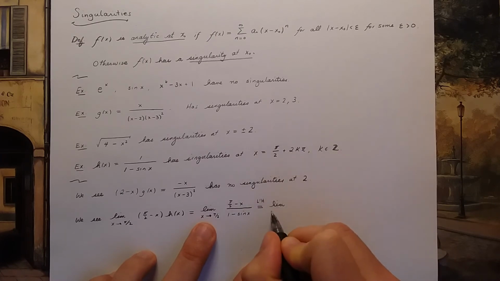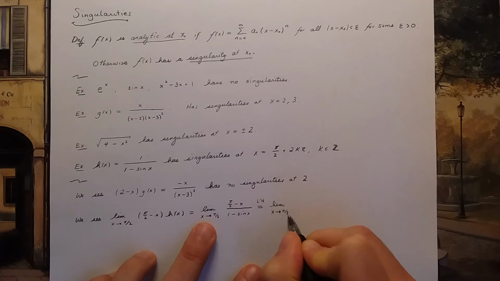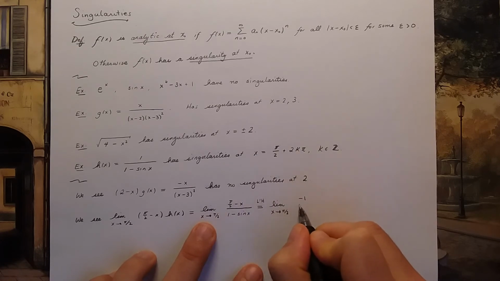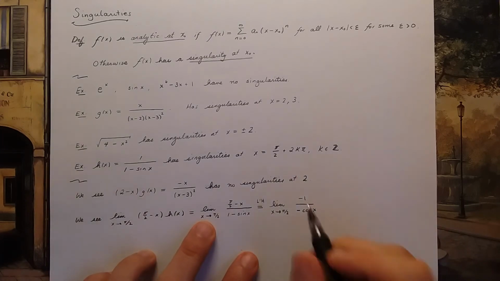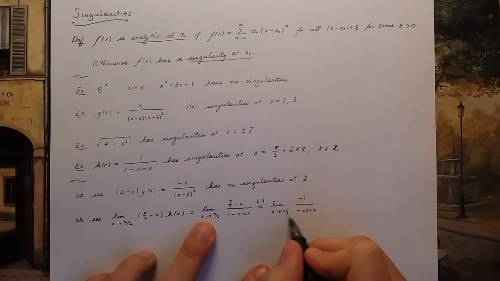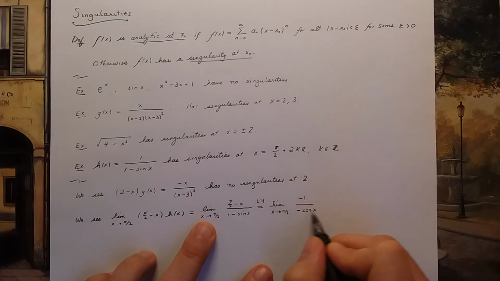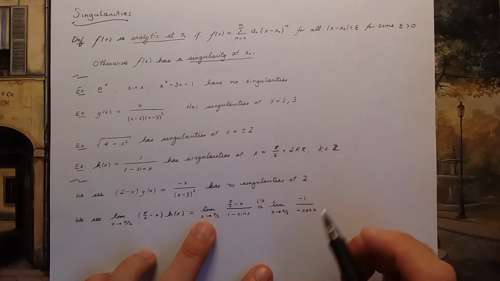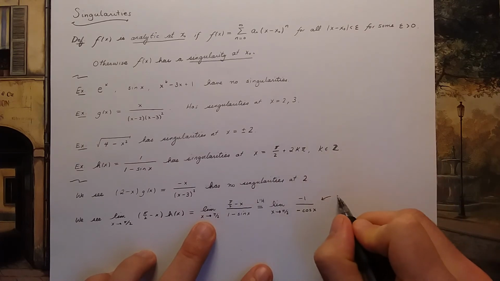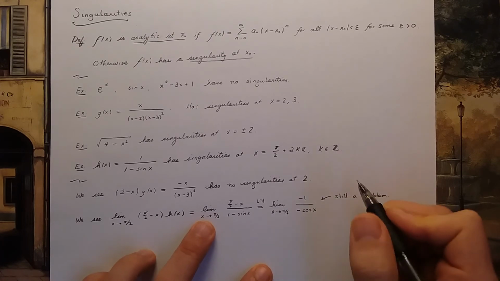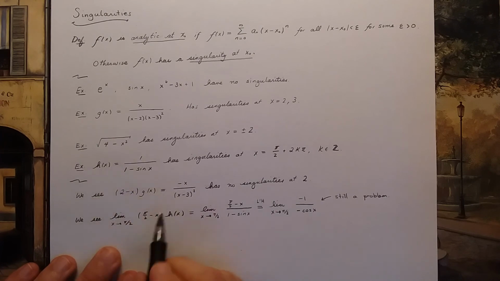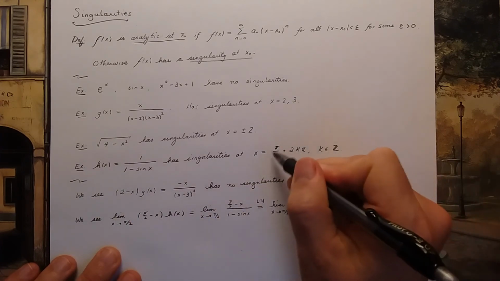Using L'Hopital's rule, I get negative 1 over negative cosine x. And this still has an issue at pi over 2. If I try to take the limit, since cosine pi over 2 is 0, this still has a problem. So multiplying this function h by pi over 2 minus x doesn't remove the singularity at pi over 2.